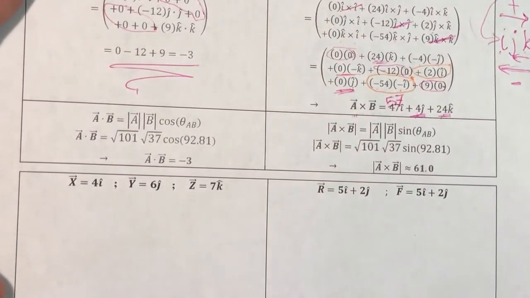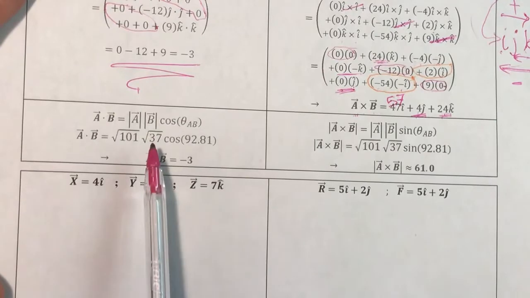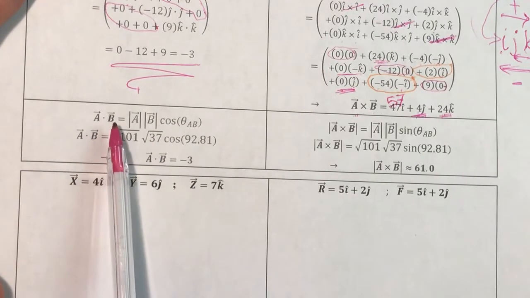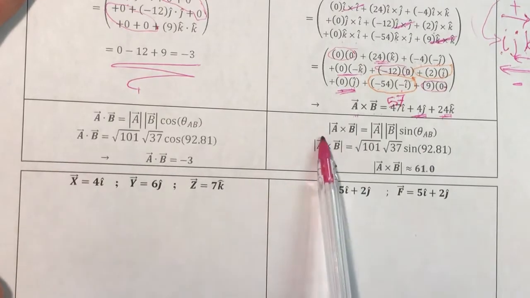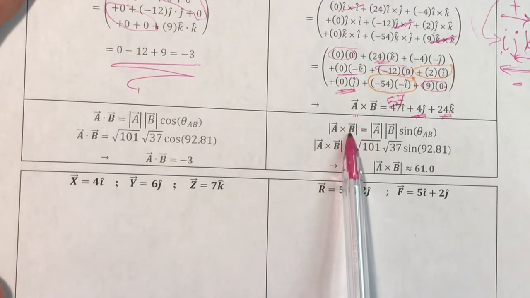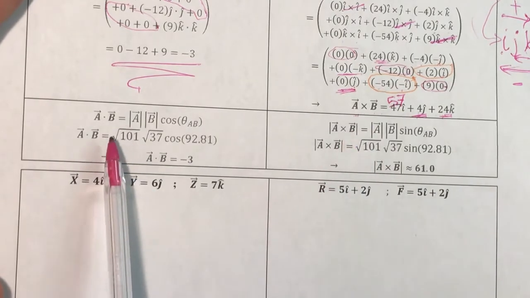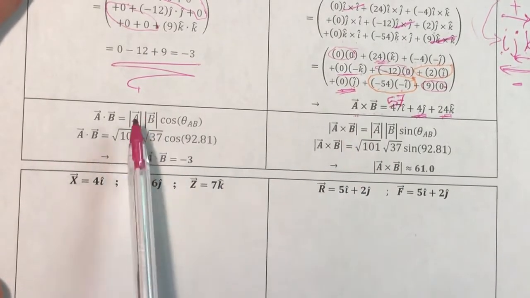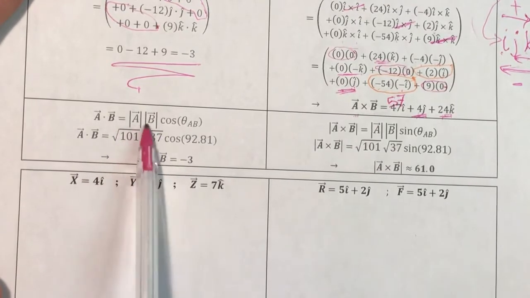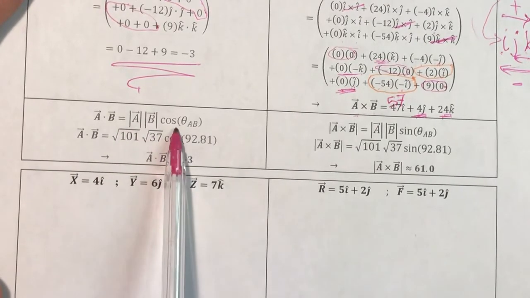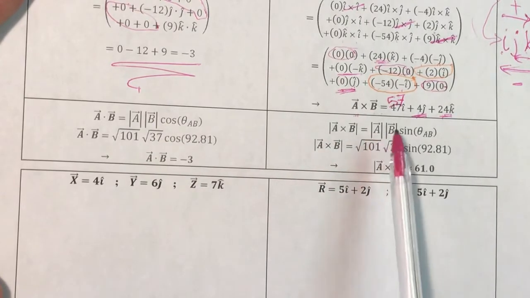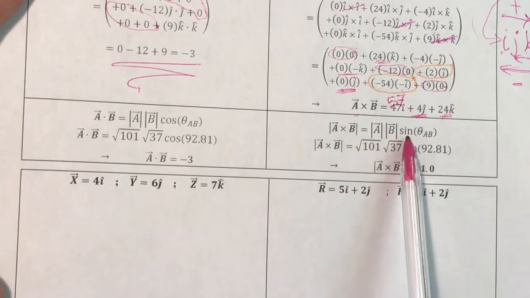If we need to find A dot B as a magnitude and A cross B as a magnitude, not as a vector: the difference between the dot product and cross product is this. A dot B is equal to the length of A times the length of B times cosine theta, but the magnitude of A cross B is the magnitude of A multiplied by the magnitude of B times sine.